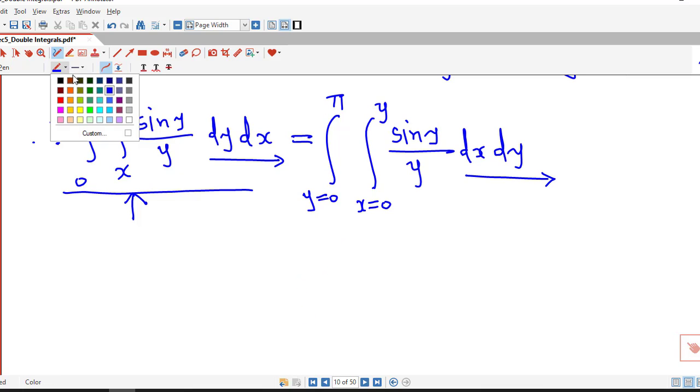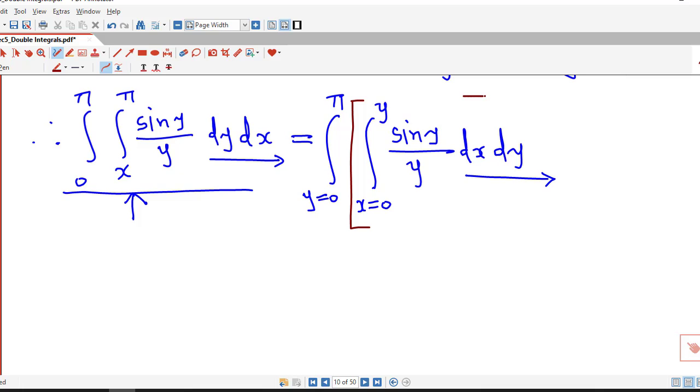And now we evaluate this double integral. For simplicity we are writing this in a bracket. It is not necessary that you should always write in the bracket, but just for convenience we consider this as the inner integral. Here integration is with respect to x, so we will consider y as constant. Because y is constant, sin y over y is constant, and the integral of dx is x.